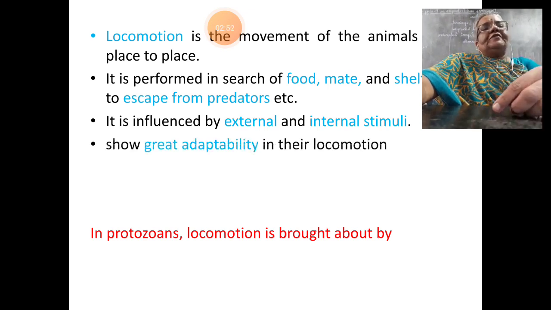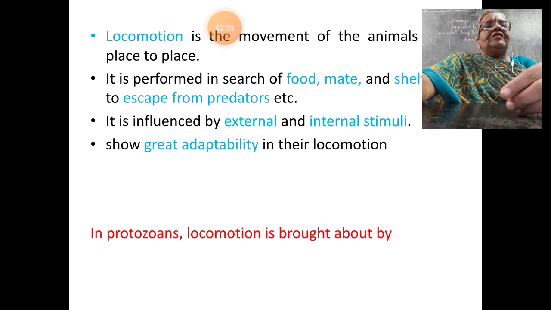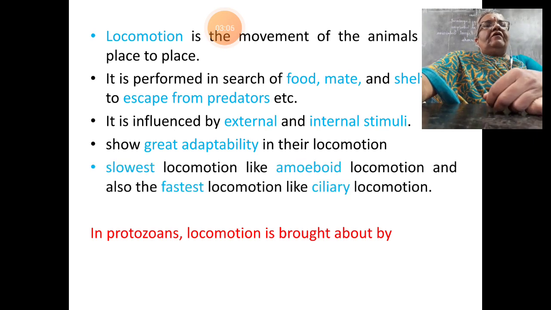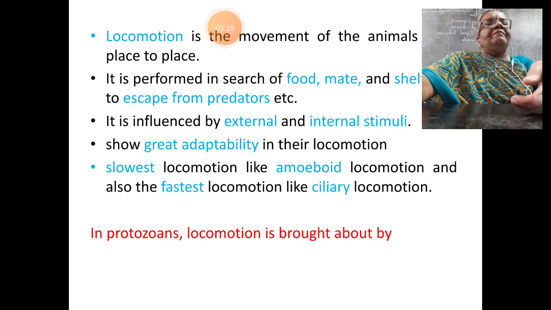As far as protozoans are concerned, they show great adaptability as far as their locomotory patterns are concerned, which you are going to study in detail. In fact, you can see the slowest locomotion like amoeboid movement as you see in amoebae, and fastest locomotory movement like ciliary locomotion, which is seen in the class Ciliata, exemplified by paramecium.